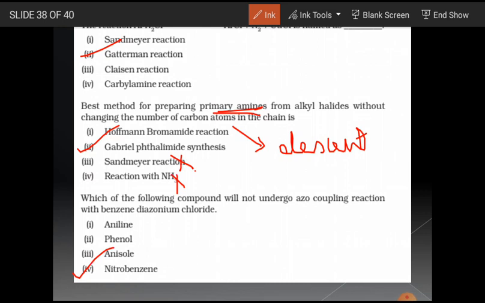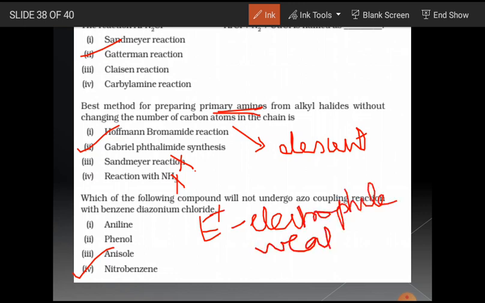Nitrobenzene will not undergo because diazonium cation is a weak electrophile. So electron rich compounds can react, but electron withdrawing groups will not undergo coupling reactions with this weak electrophile. So that is an important point.